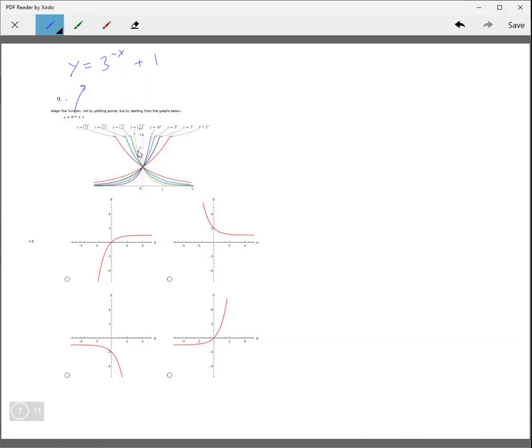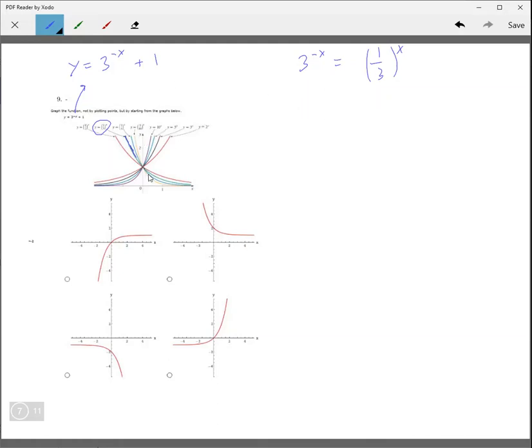Now up here, 3 to the negative x is the same as 1/3 to the x. And it's actually this one right here, this green graph.